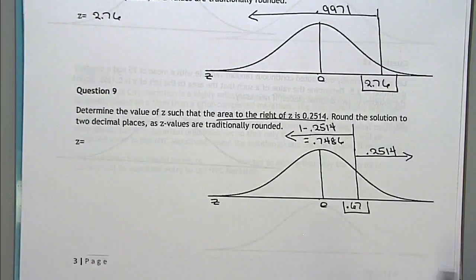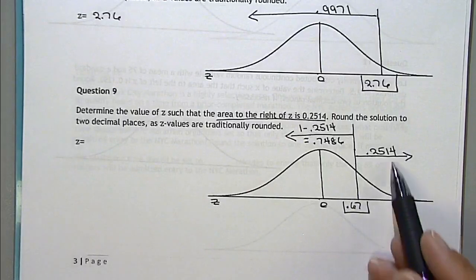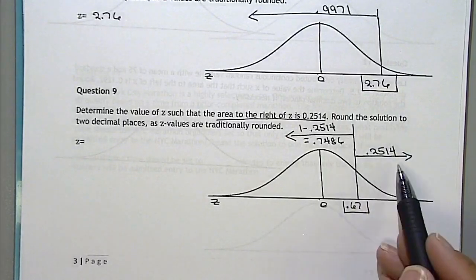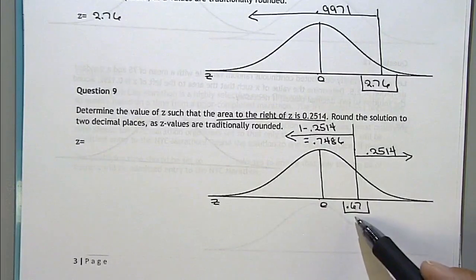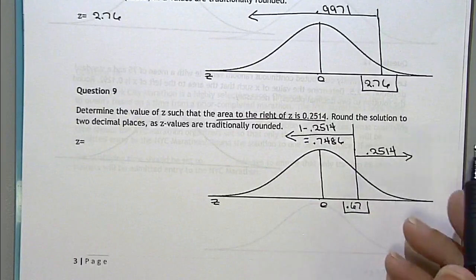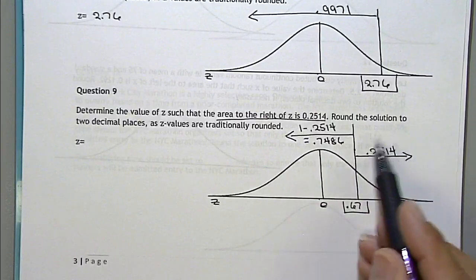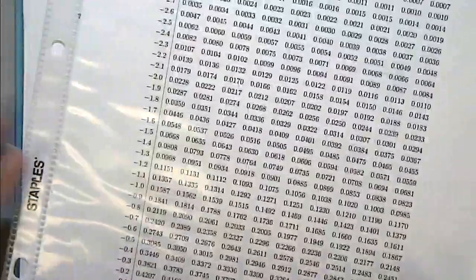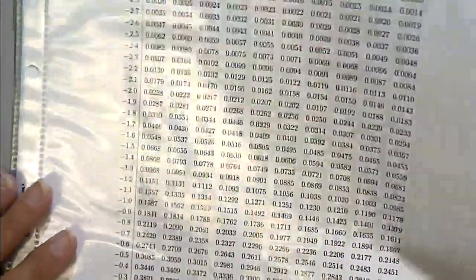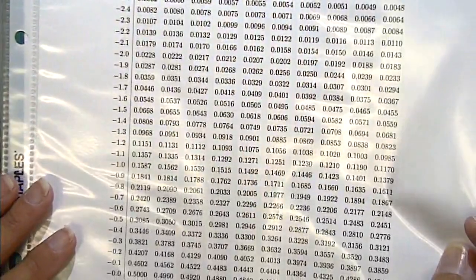Okay, I want to show you something. This area to the right can be looked up on the opposite side of the table, and you wouldn't have to subtract from 1 to get it. You could just look up 0.2514. Okay, well, let's do that. Go to the negative side of the table and look up 0.2514.